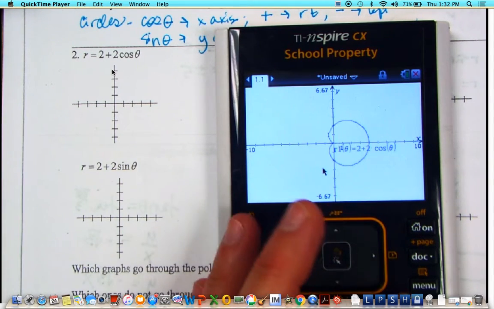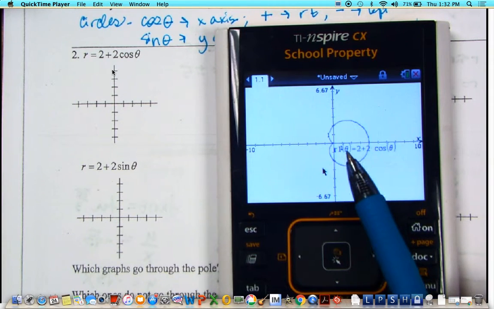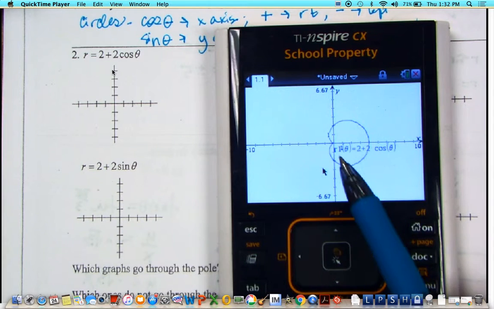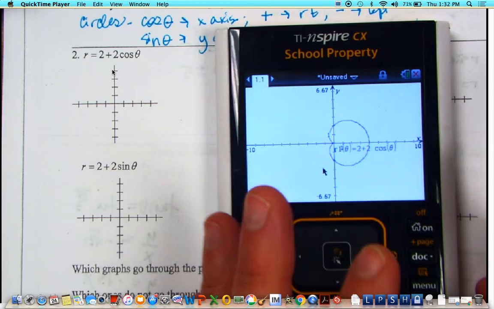All right, so let's talk about this cardioid. Where's the majority of it? To the right. What is determining that? The cosine part of it, right? And what is its distance from the pole to the outer edge? 4. There's the pole. There's the outer edge.